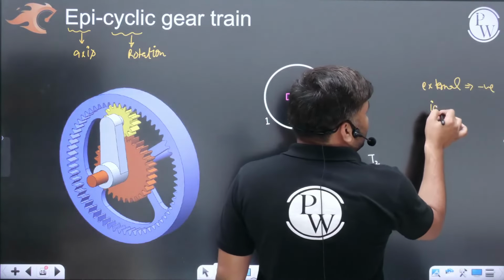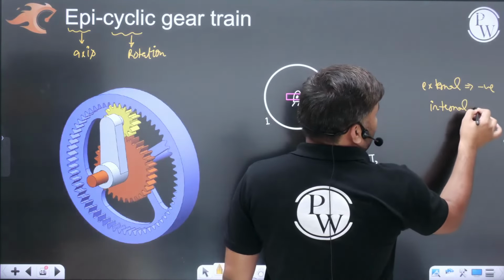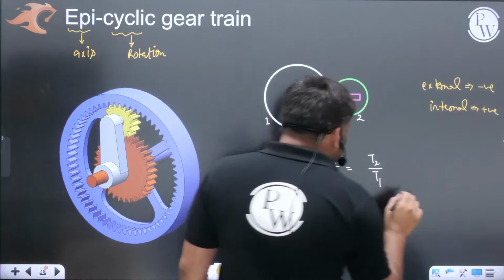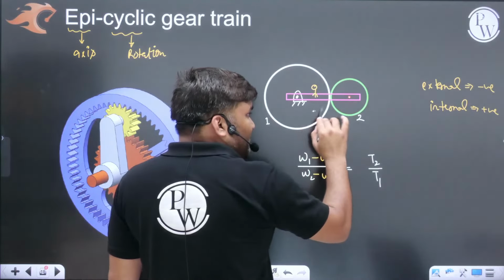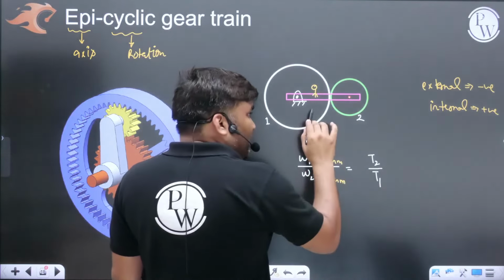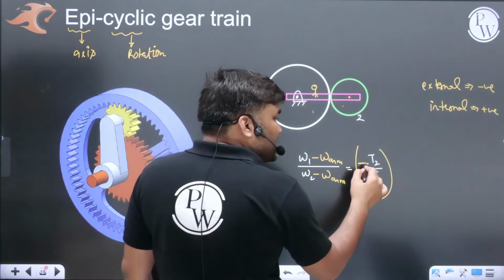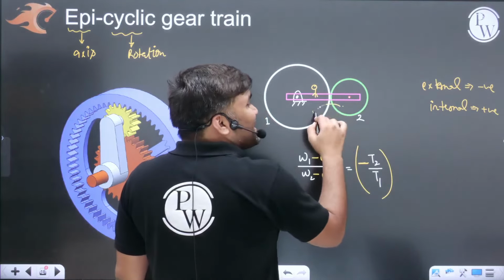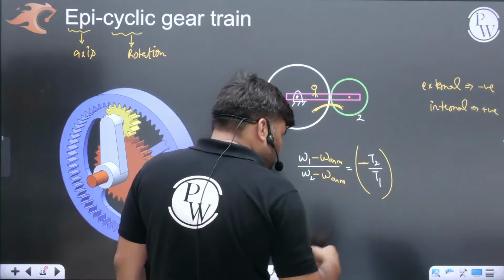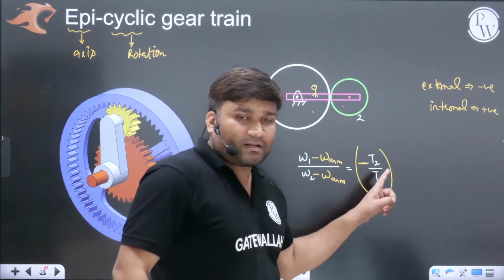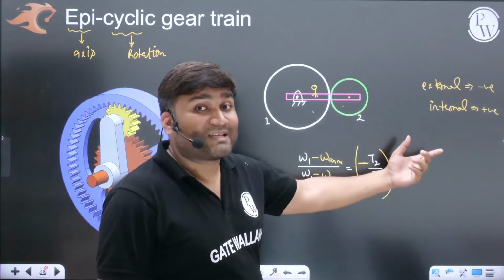And if you have internal gearing, you will use a positive sign. Between gear 1 and 2 meshing, 1 is driving 2, so you have written T2 by T1, but you will put a minus sign. Why? Because, sir, external meshing is happening, the direction gets reversed, so that's why you have written a minus sign here. If internal meshing, you will put a plus sign here.